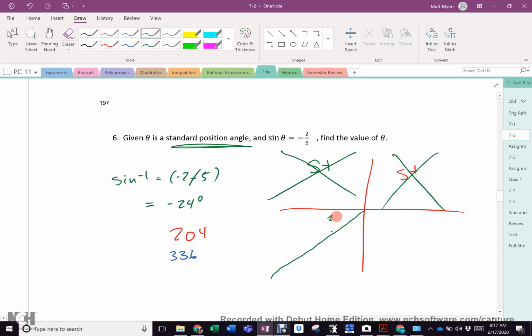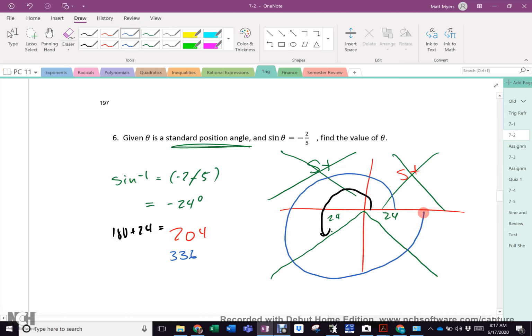So that means my reference right here is 24. So the first one is 180 plus 24, which is 204. And the second one has to be 360 minus 24 to get 336.